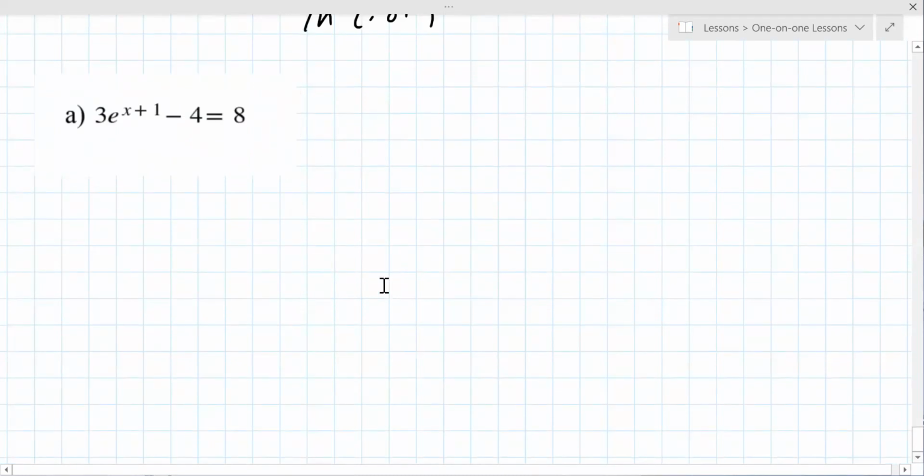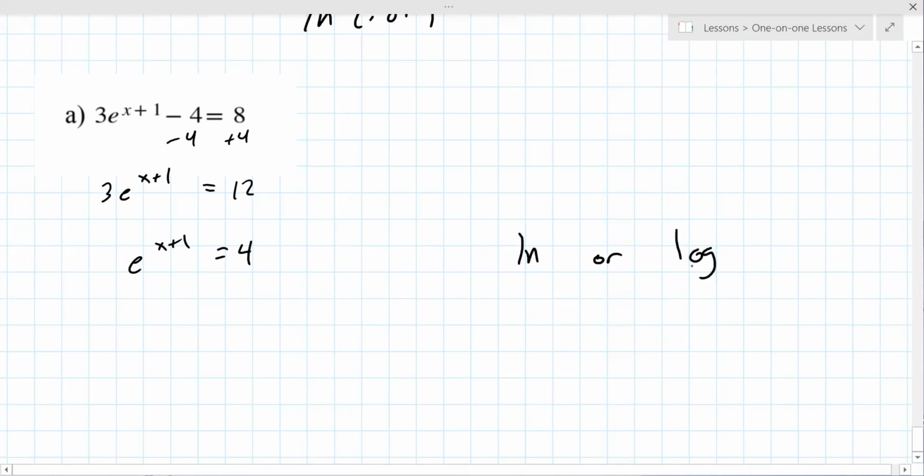Okay, so to solve this, you want to isolate this e thing. So you have to get rid of the 4 and the 3. You're going to add 4 to both sides. That gives you 12, and then you're going to divide by 3. So that gives you e to the x plus 1 equals 4. The only way to get a variable out of an exponent is to use ln or log. Because it's e, you would use ln. ln of e to the x plus 1 equals ln of 4.